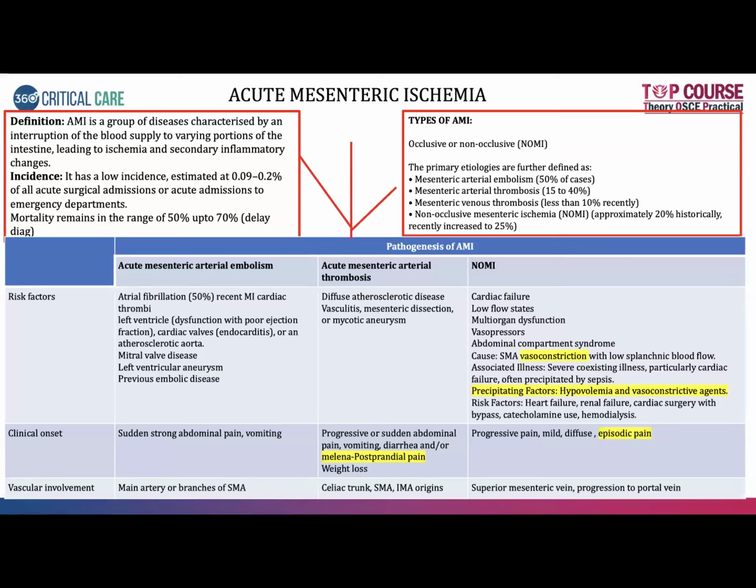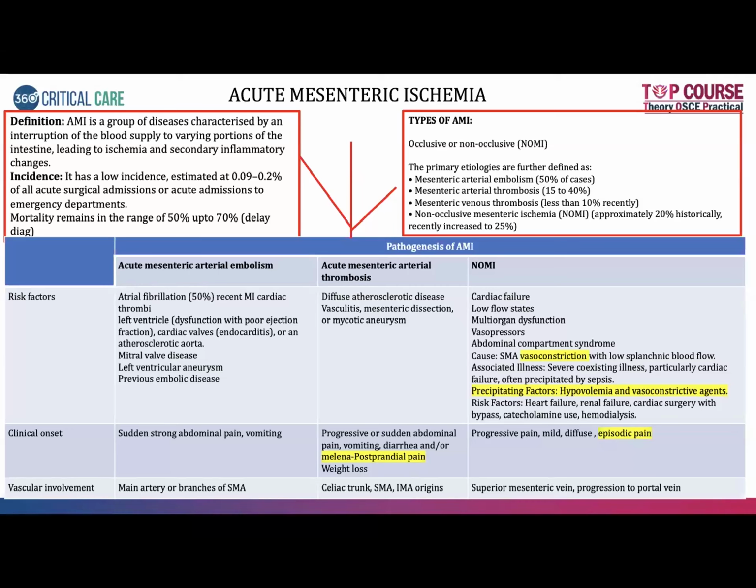The cause is SMA vasoconstriction due to low splanchnic blood flow, severe coexisting illness, particularly cardiac failure precipitated by sepsis. Main precipitating factors would be hypovolemia and vasoconstrictive agents. The risk factors are cardiac failure, recent cardiac bypass surgery, vasopressor use, hemodialysis. So these are the main precipitating factors.